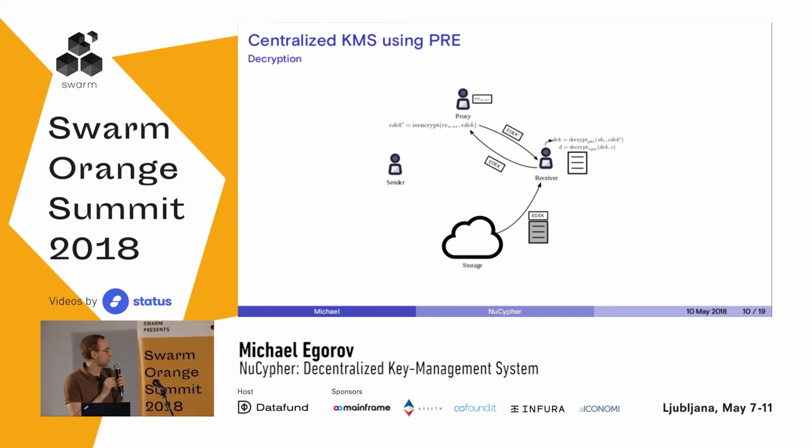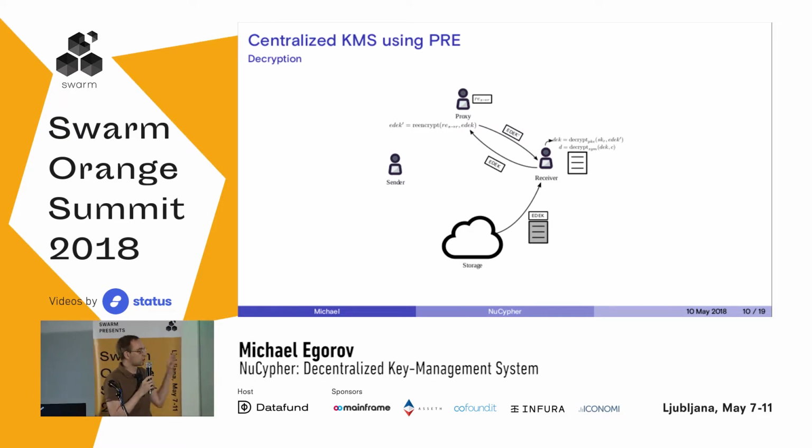But then, if we run such a service, there is a problem. What happens if the proxy, for some reason, refuses to process the data? Maybe some collusion happened. I don't know, some nation state interacted with the hoster of the proxy and said, hey, we don't want this guy to decrypt data.